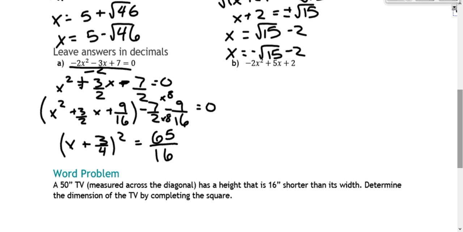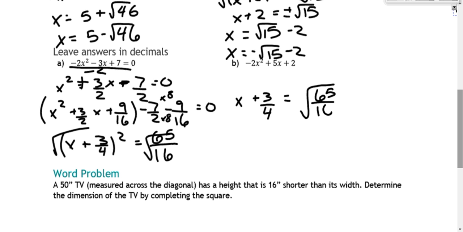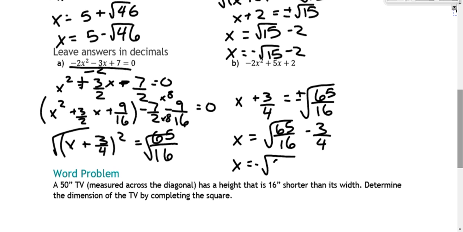And then we square root both sides, and we get x plus 3/4 is equal to the square root of 65 over 16. So x equals plus or minus, don't forget that, the square root of 65 over 16 minus 3/4. x is equal to the negative square root of 65 over 16 minus 3/4.